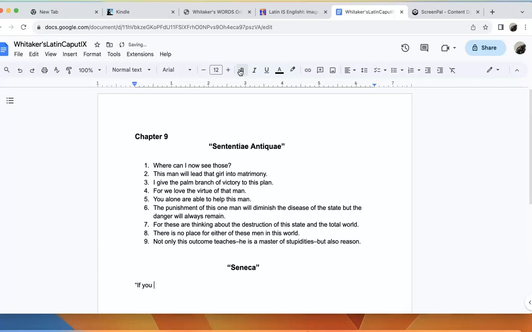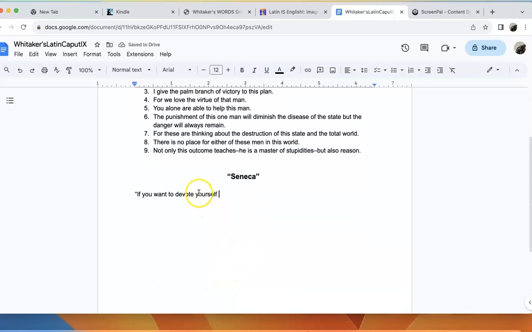si vis, if you want, is si vis. So we had this word before, vis, it's irregular. That's where we get words like volition. To devote yourself, so that's studere. Latin doesn't have yourself, but I think that's what we would need in English to make it sensible.